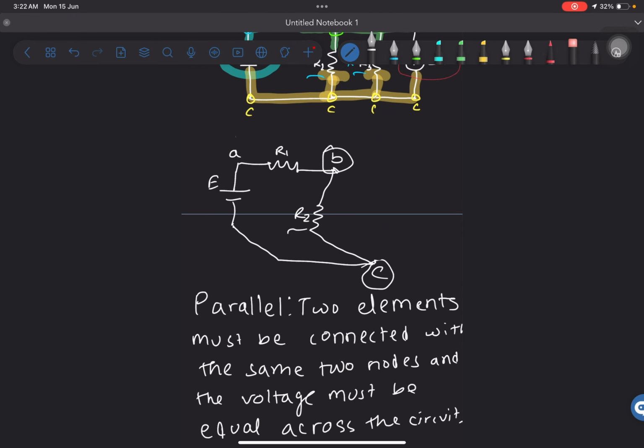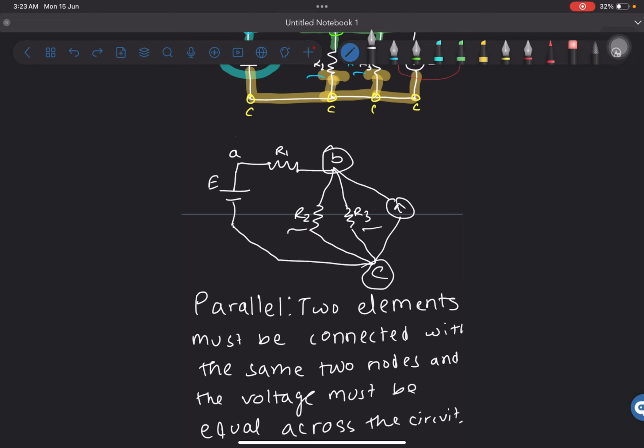Why? Because they do share one node, and this B node is only exclusive to R2. There is no other connection in B like R3. In this circuit, R1 and R2 are sharing B, which is their exclusive node. It is not connected to anyone else, which is why in this circuit, R1 and R2 are in series.